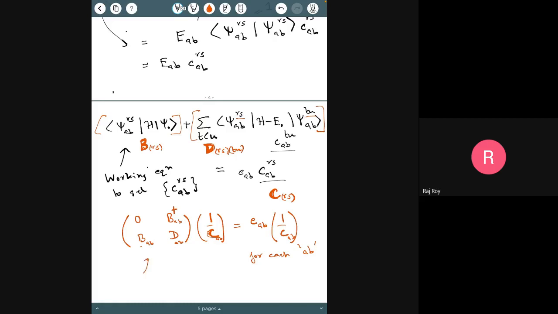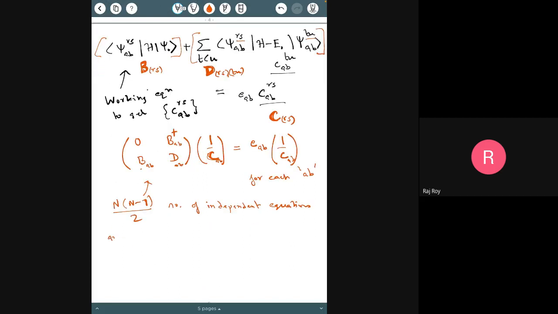approximation. So you have n into n minus 1 by 2 number of independent equations, and you obtain a set of values for small EAB.